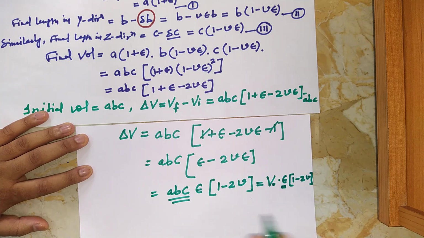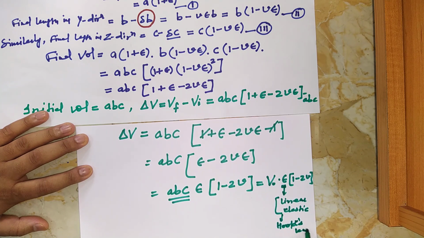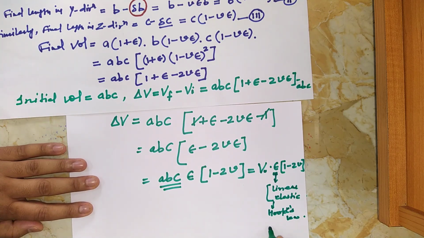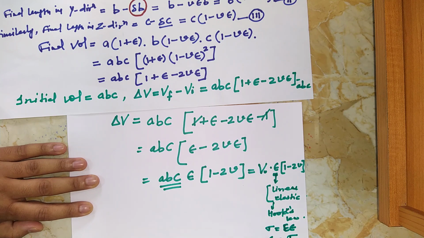And epsilon, since we are in the linear elastic region, we have elongated the material such that it lies within the linear elastic region. So Hooke's law can be applied. So by applying Hooke's law, we get stress is equal to Young's modulus into strain. And our strain accordingly will be sigma by E. Isn't it?